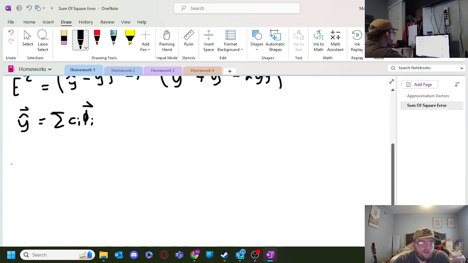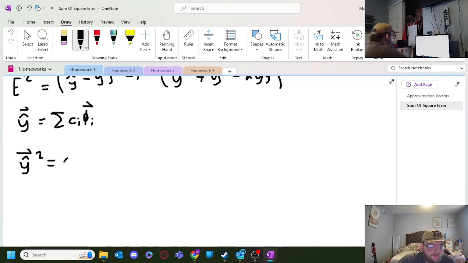So if we look at this piece by piece, this y model squared, we're squaring this. So what's going to end up happening is we're going to get the sum of c_i phi_i, all that squared.